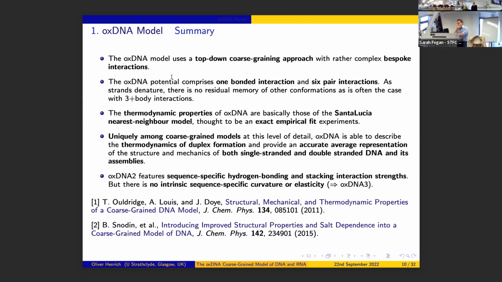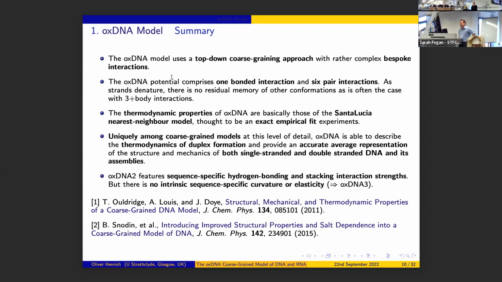The potential consists of 1 bonded interaction and 6 pair interactions, and that allows you to get a very good average conformation of both single- and double-stranded DNA.